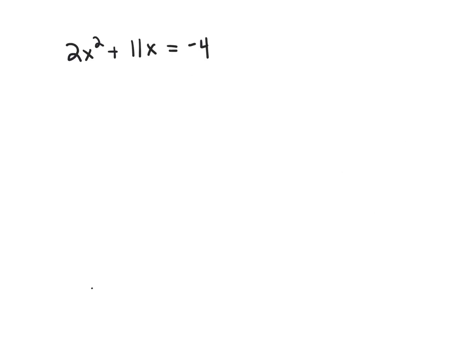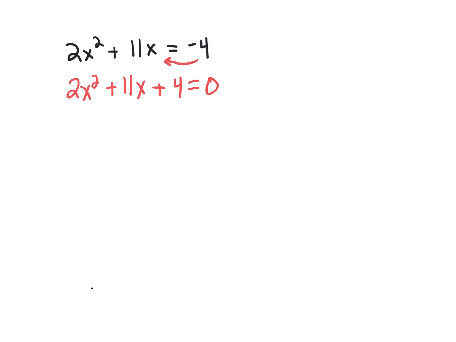All right, so our first example here, I automatically notice that it is quadratic because it has a second power, and I notice it is not set equal to 0. So I'm going to need to do that first. And so I'll have 2x squared plus 11x, and I'll take this minus 4 and move it over, and it will become positive 4.